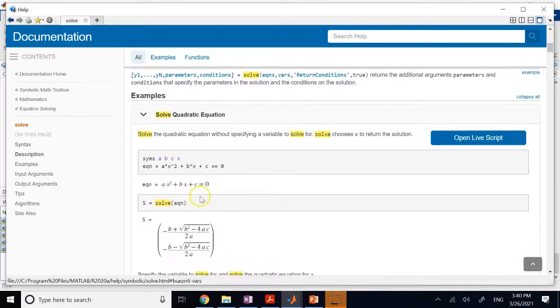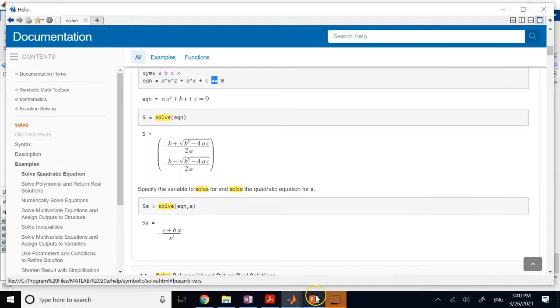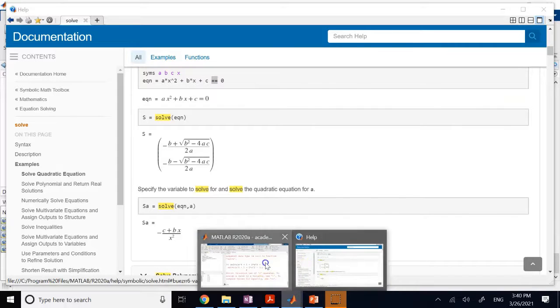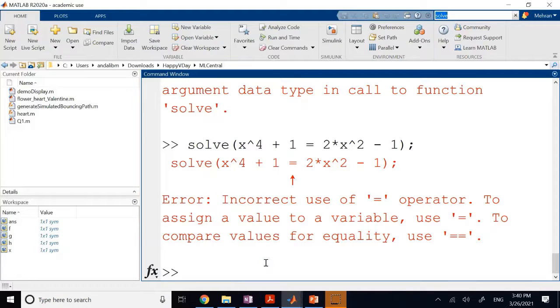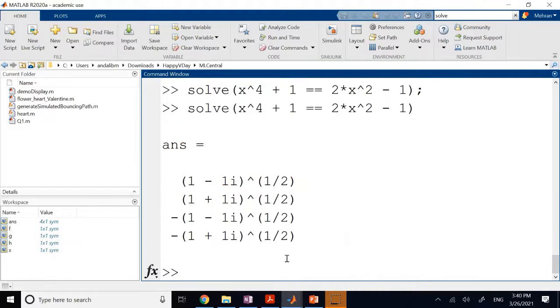So now when you want to do it, you have to define it using what? Double equal sign, and do not use brackets. So what you need is this basically. Oh, wait, here. And these are the solutions.